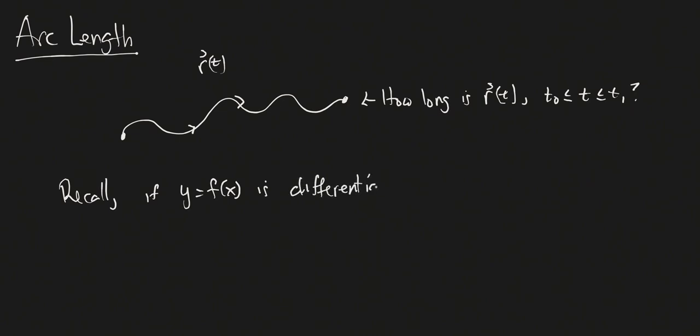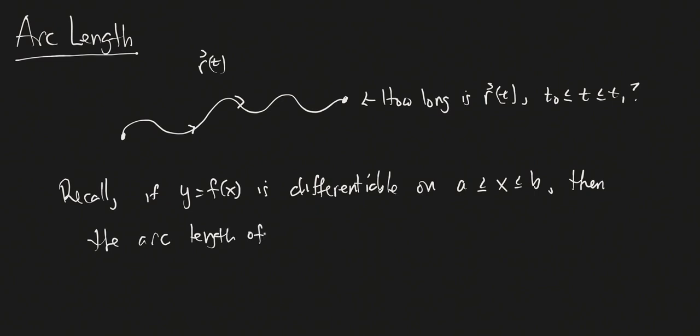If y equals f of x is differentiable on the interval a to b, then the arc length, or the length of this curve, is given by this formula.